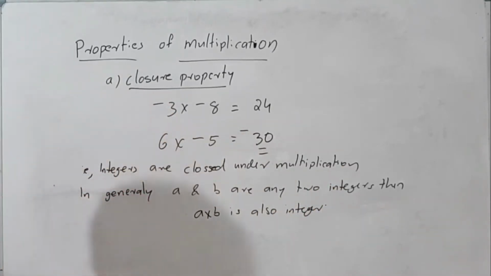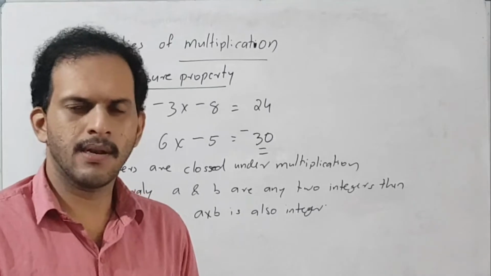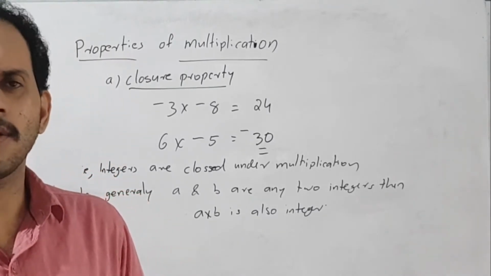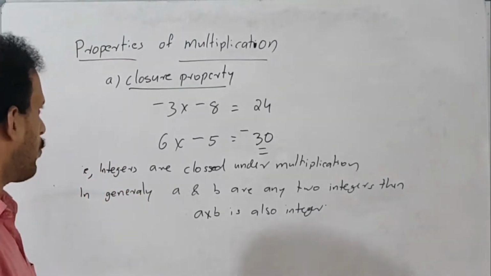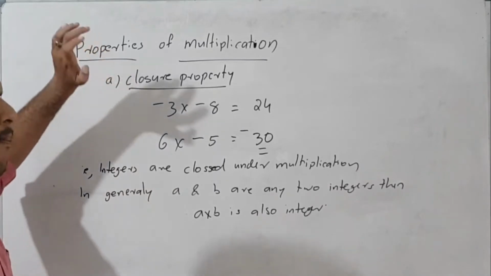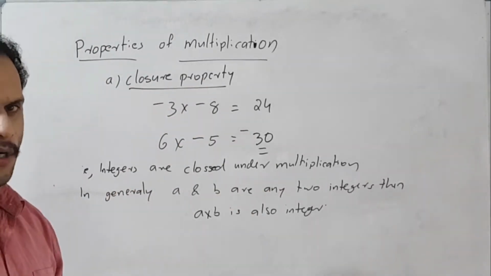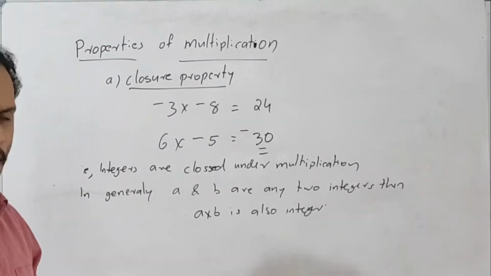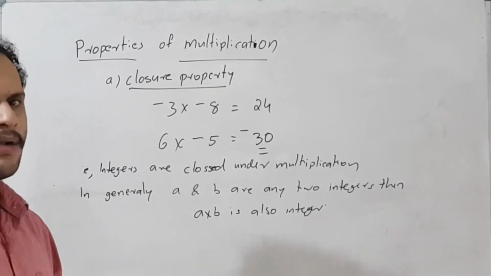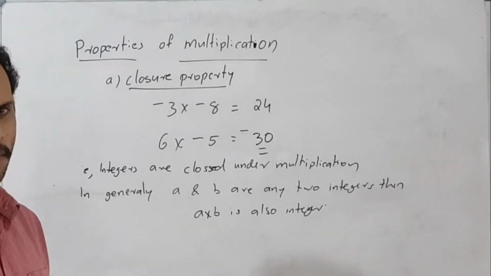Correct? A and B are any two integers, then A into B is also an integer. So multiplication satisfies the closure property, which means integers are closed under multiplication.